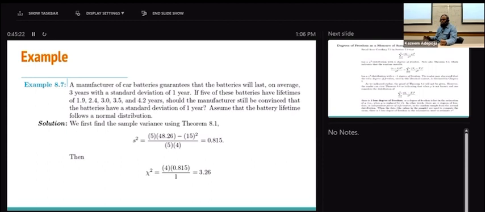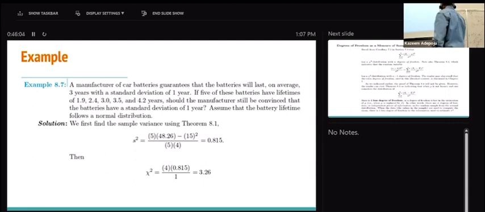Now, do you know what we need to do? You need to calculate your S squared. In this case, if you use Theorem 8.1, that I put in the textbook, how many observations do I have? 5, right? Then for the 8.6 minus 15 squared divided by 5 times 4, you know what we're doing now?